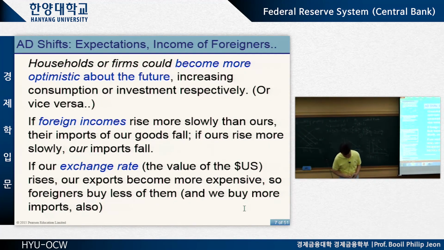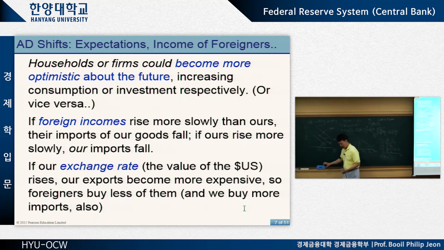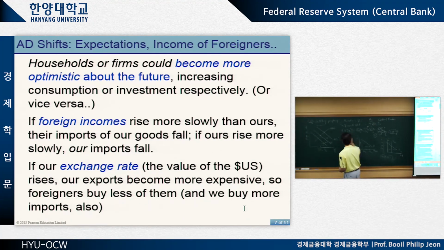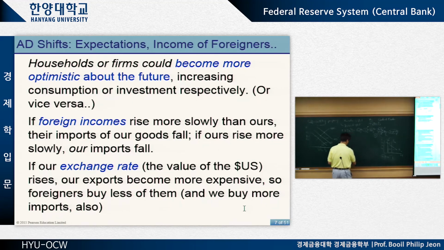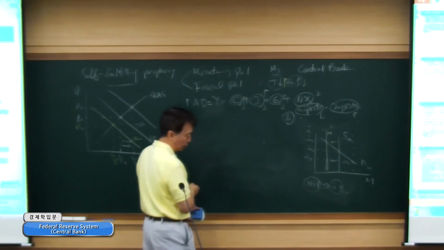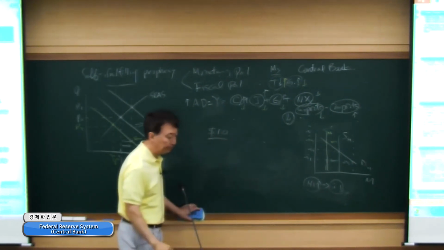If our exchange rate rises, yeah. So exchange rate is another factor that will affect the aggregate demand, right? So, you know, suppose, let's say there's a California wine, okay, and the price is $10 per bottle.